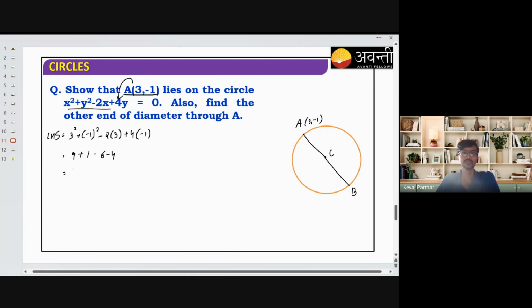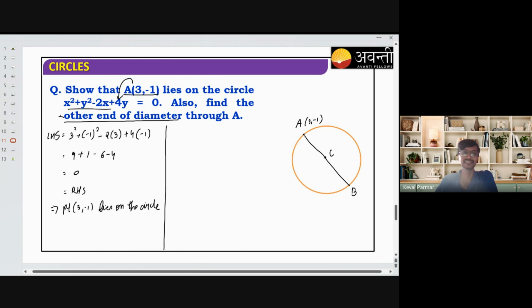What is 9 plus 1? 10 minus 10, 0, which is equal to RHS. So that means point (3, -1) lies on the circle. Correct? Now what we have to do? So this (3, -1) point lies on the circle.